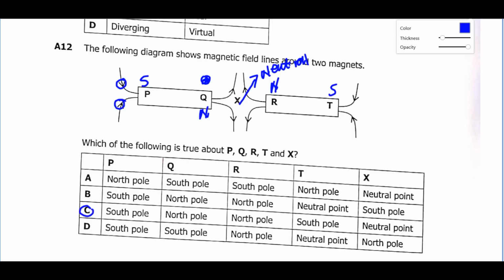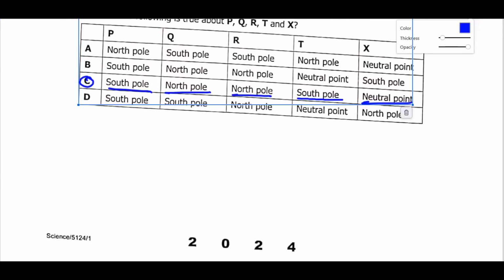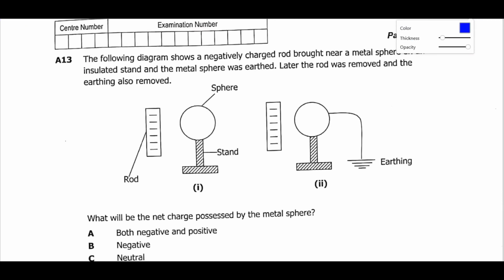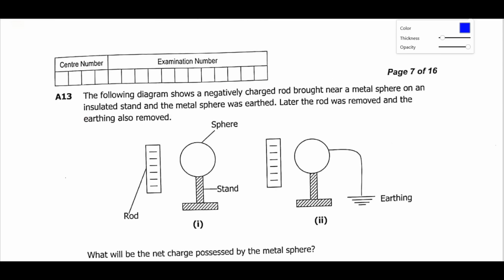So the answer is C. You can see P is south, Q is north, R is north, T is south, X is neutral. So the answer doesn't come from the multiple choices. No, the answer comes from our brains. Then we choose the one that corresponds to the answer that we have.